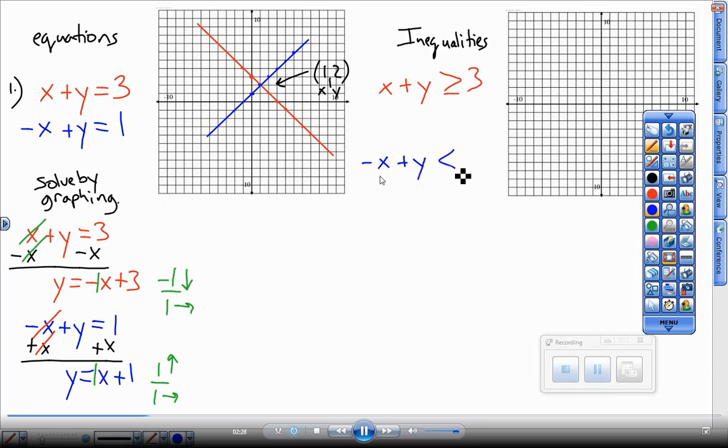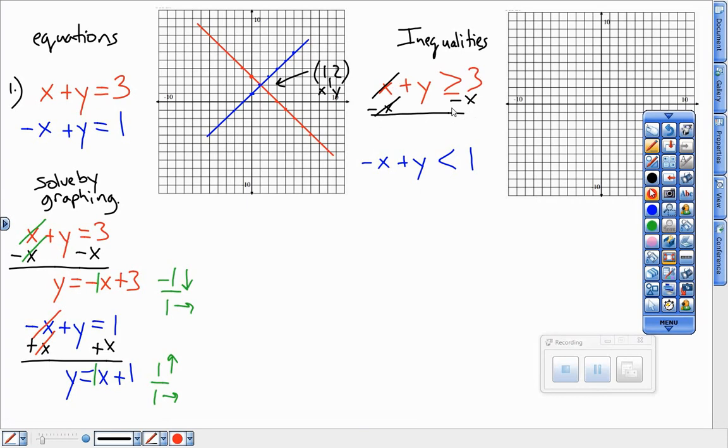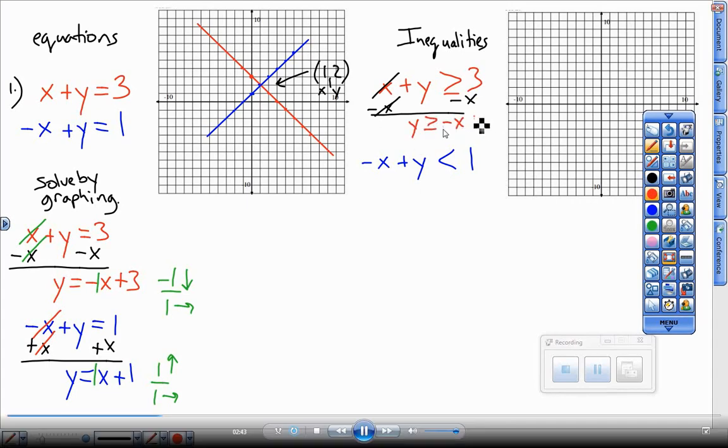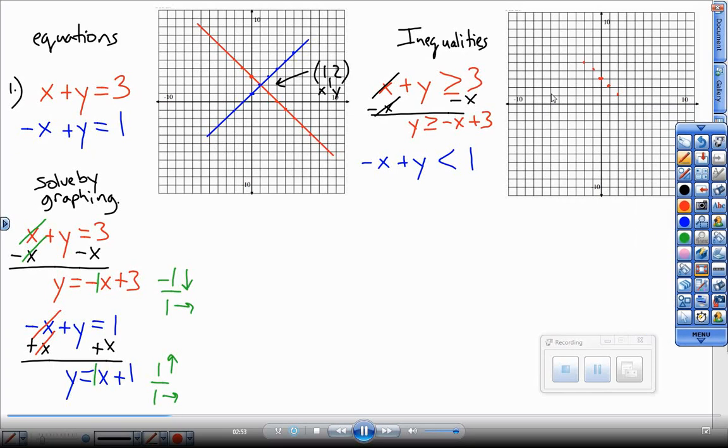The other one, -x plus y, I put this inequality less than 1. So know that for these, you still need to show me the math to solve these for y. We're going to talk about when you divide by a negative number, how you got to flip that inequality. No flipping here. +3 is my same y-intercept, just like over here. My same slope, over 1, down 1, is my same rate of change.